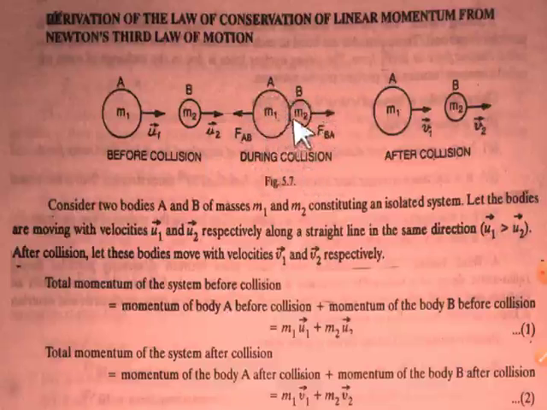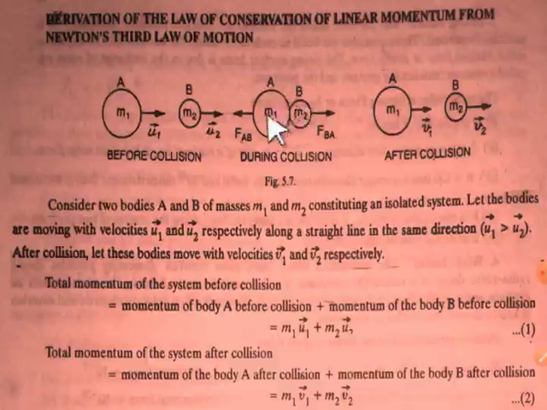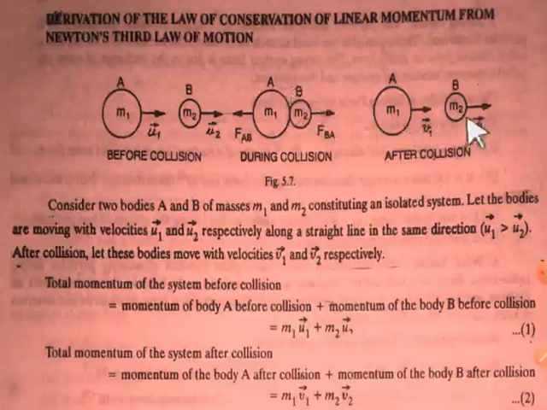During collision they interact, and the time of impact will remain the same. If t is the time of impact for the first body A, then that same time will also be the time of impact for the second body B. After collision, they separate like this, moving with different velocities v1 and v2 respectively.